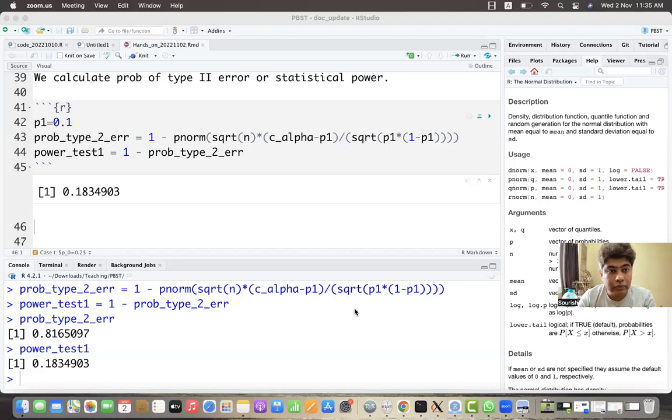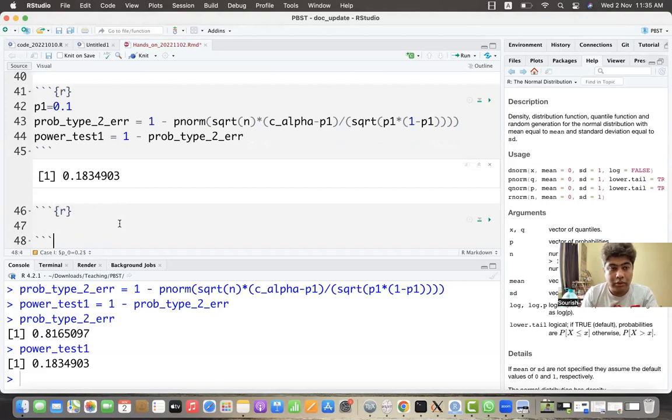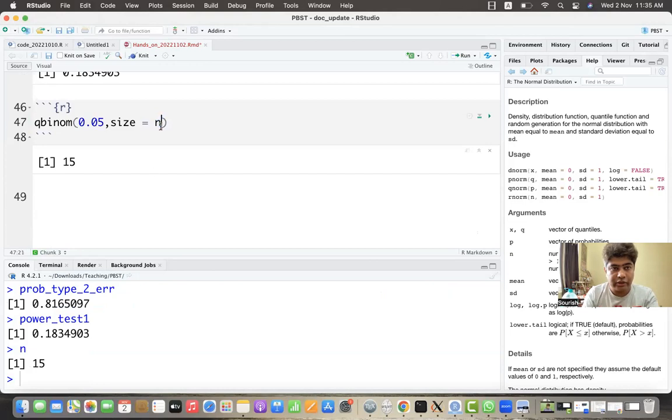Now, what we are going to do, we can use Q binom of 0.05, size equal to n, where n is already there, and probability equal to P naught.